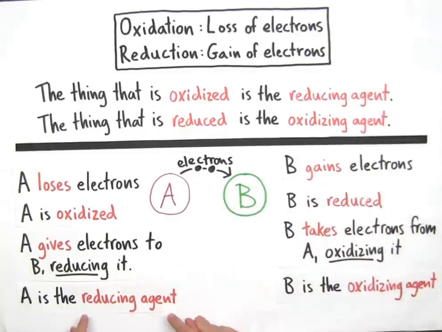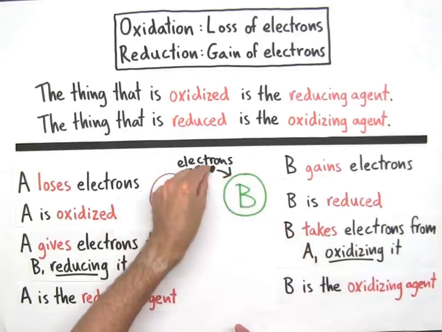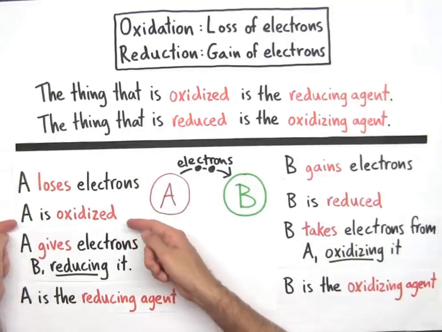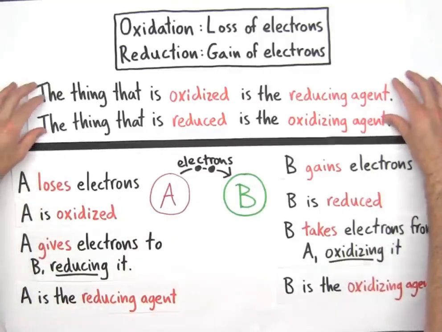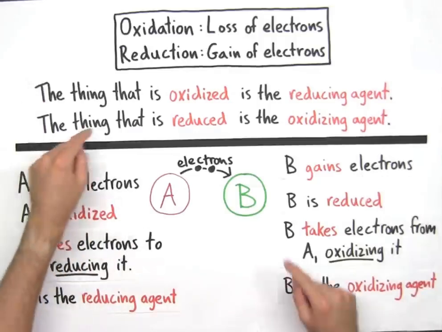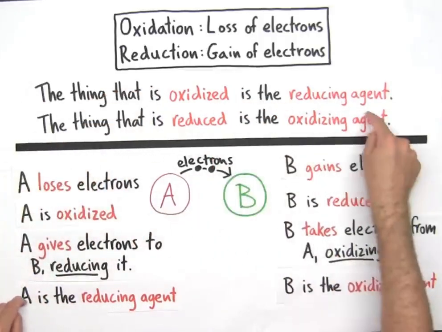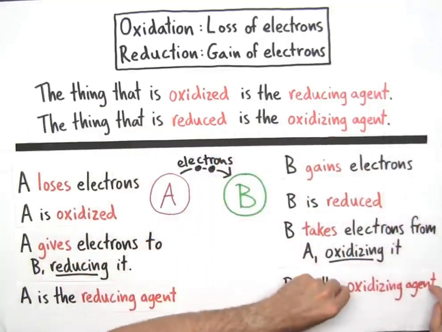The reducing agent allows reduction to take place by giving electrons to the thing that is going to be reduced. So it itself is losing electrons. The reducing agent is oxidized. It's also probably useful just to remember this information up here, that the thing that is oxidized is the reducing agent, and the thing that is reduced is the oxidizing agent.